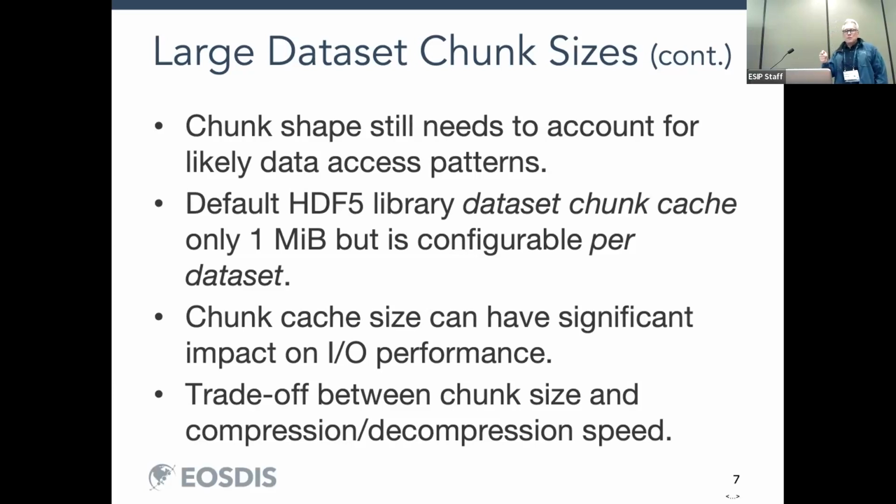You really have to increase this dataset chunk cache even when you're writing the data, otherwise the write performance can suffer, but it's doable. The library allows you to do that, and then you write out these things efficiently. What you have to think about is how big you want to make these chunks, because if they are too big, then compression, decompression, and all that is going to take too much time.